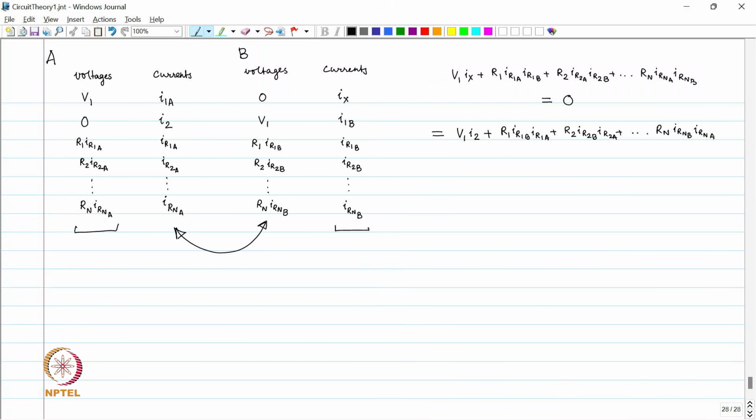And what do you see? Just ignore the equal to 0 part, that is really not that important. What is important is that this whole thing is equal to this whole thing, and all those junk terms cancel out from both sides. What are you left with? You are simply left with Ix is equal to I2.